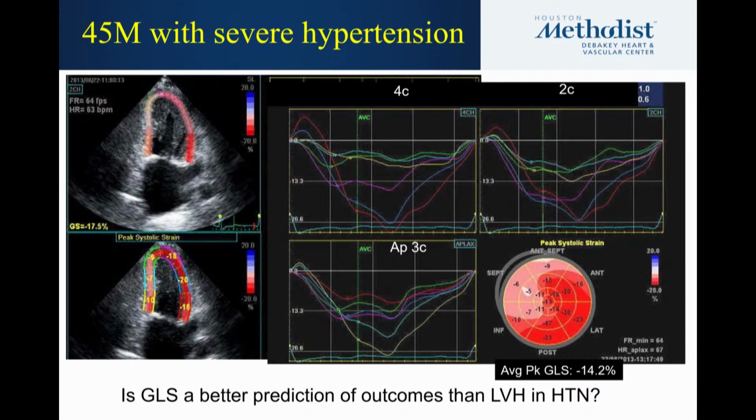That may be a subgroup that we may be able to pick up, because I think the data with LVH is very powerful. Once you have significant LVH, outcome is pretty bad. Now, even in that group, it could be that a GLS of 9 could have a worse outcome than a GLS of 12 in that subgroup of patients. We don't know. Stay tuned. But I think it's one of the areas of great interest.